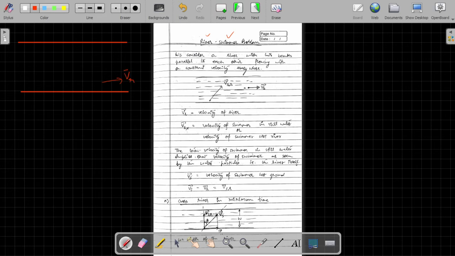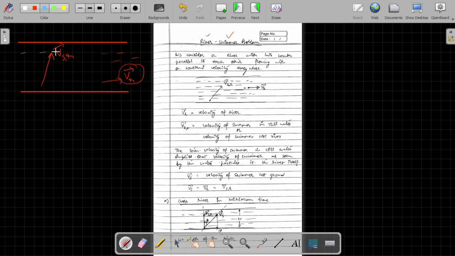Let's say that velocity is given as V_R vector. This direction is horizontal, and the man starts swimming in the river at some angle. So there is the velocity of the swimmer with respect to the river. It is swimming in this direction, and the velocity of the river is this value.